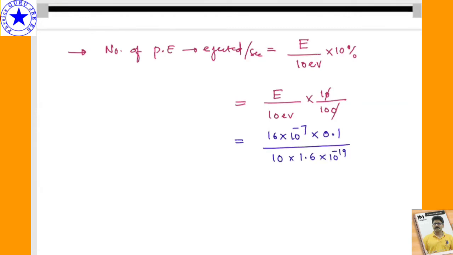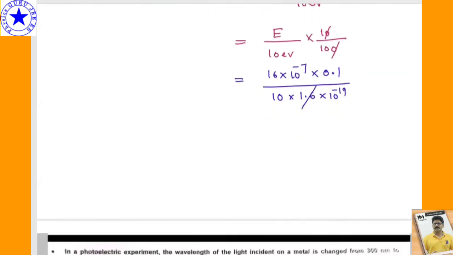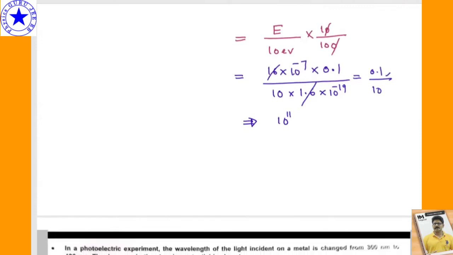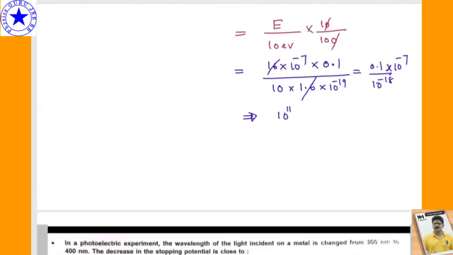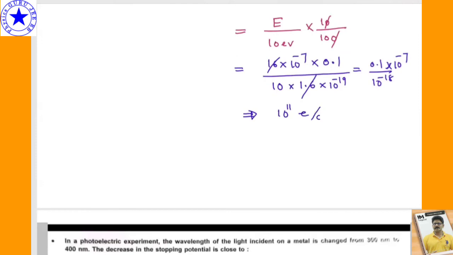Hope it is clear till this point. When you calculate, these two will get cancelled. Further simplification gives 10 to the power of 11 electrons per second.